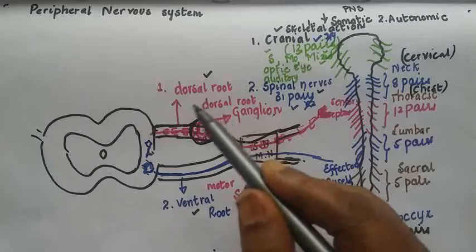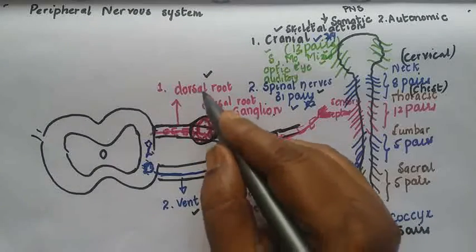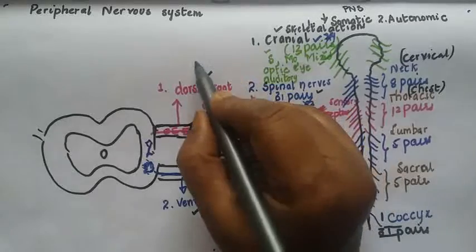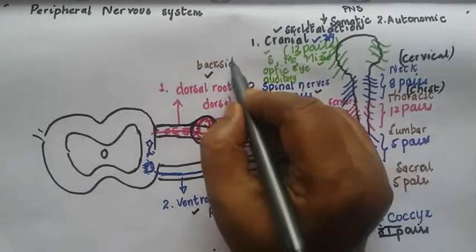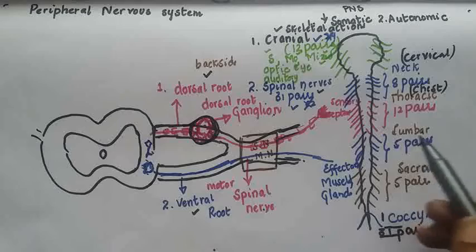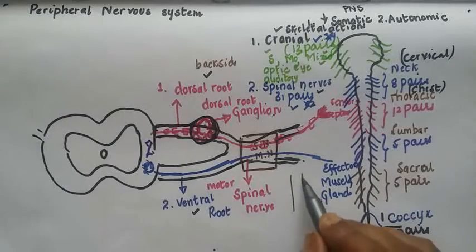Now children, where do we have this dorsal root? In fact we have the dorsal root on our back side. I'll just draw it approximately.